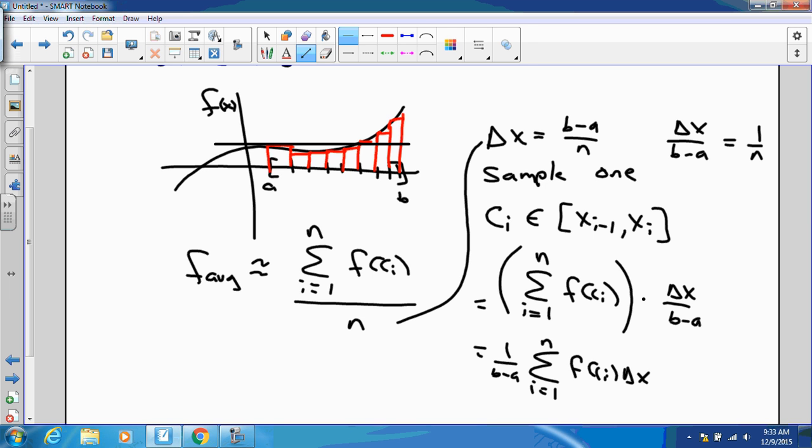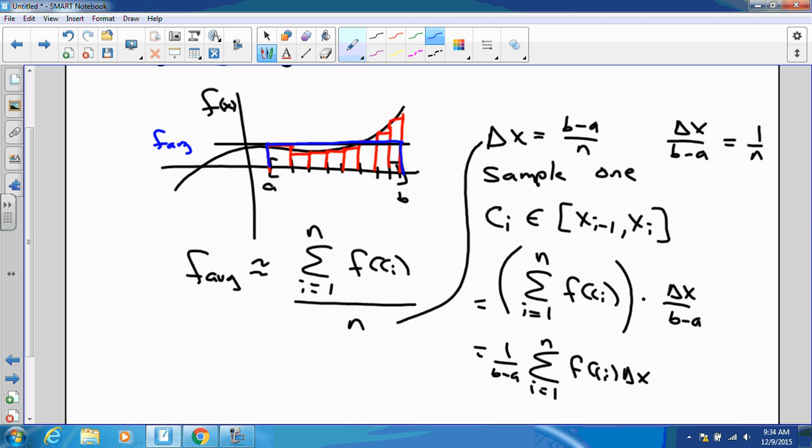And the picture that we have is that my average height multiplied by b minus a gives me the area of a rectangle like this, and the area of this rectangle just so happens to equal the area under the curve. So this rectangle right here is a one rectangle estimate of the area of the function. It happens to be a pretty good one because its height is determined by the average height.